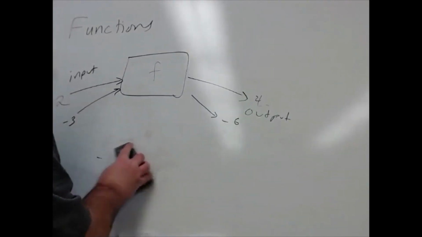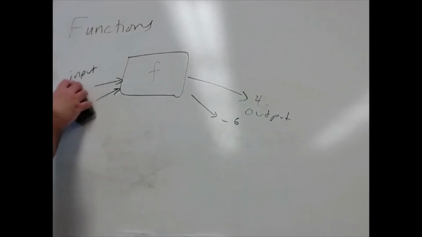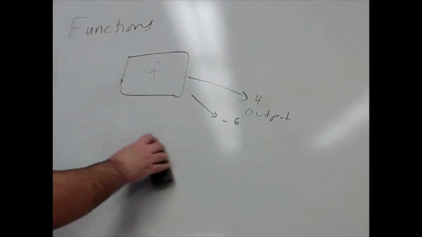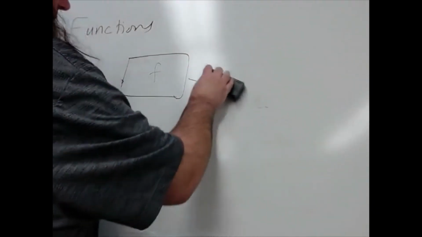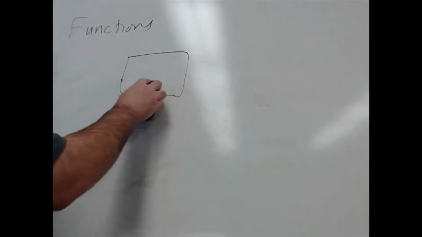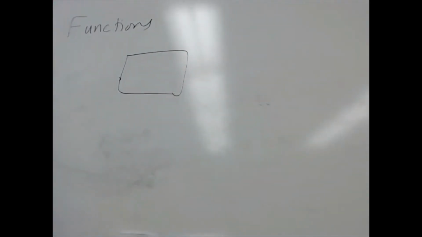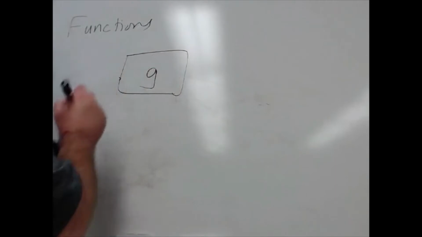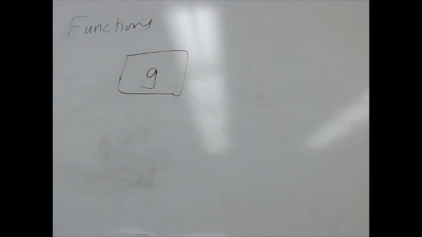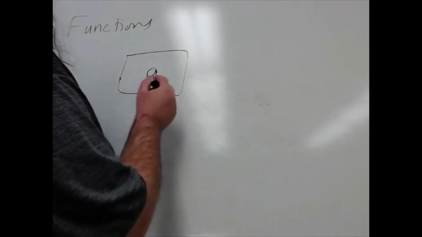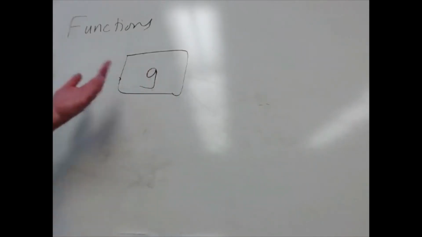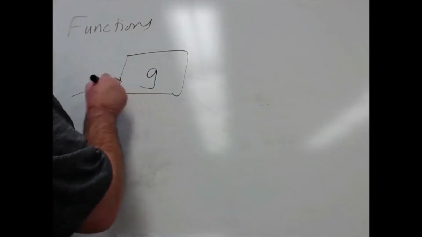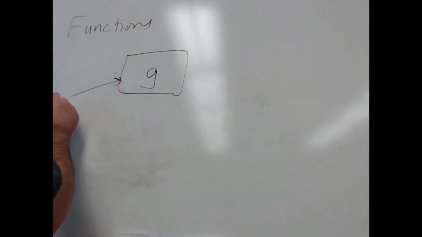Of course, machines can do several different jobs, right? So instead of having machine f, I could have machine g. Machine g might take my number, double it, and then subtract 1. Let's say I'm going to put the number 2 in again.